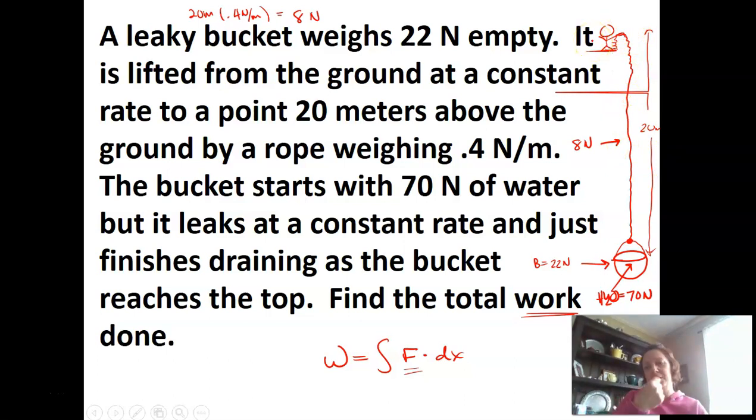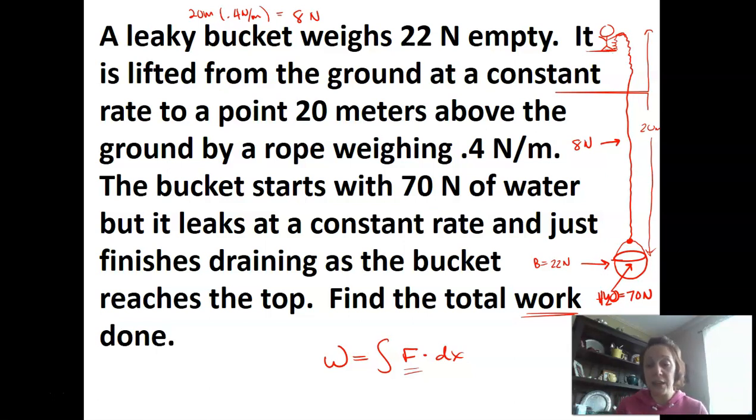You pulled it and it's just flopping on the floor. So the further you pull, there's less and less weight from the rope, and less and less weight from the water because the water is also leaking out. So the amount of force that you need to pull that bucket up is constantly changing.